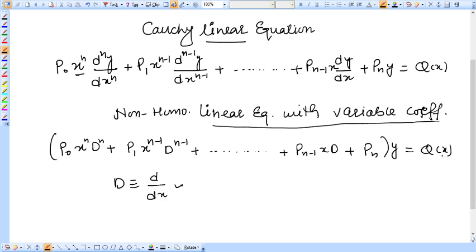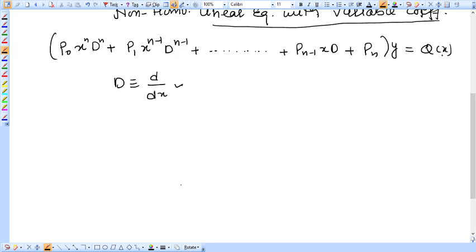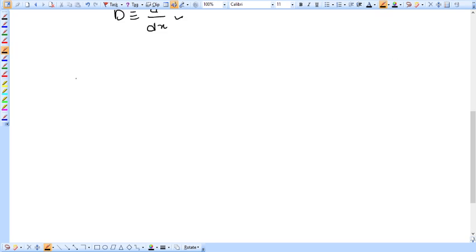Right now the coefficients are variable. Now we will apply a transformation so that this equation becomes an equation with constant coefficients. So how to do that? In order to do that, we are going to apply this transformation or substitution.